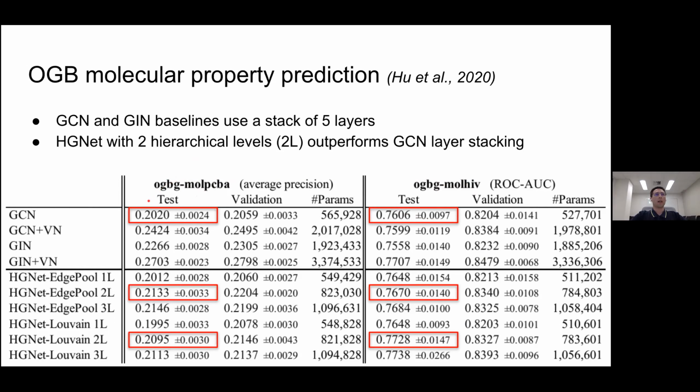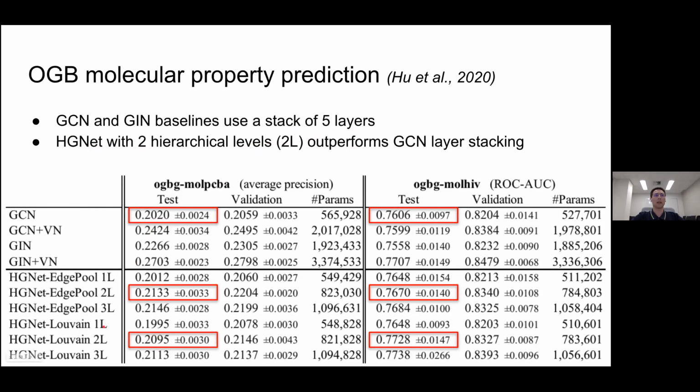And while our hierarchical models don't beat state of the art by any means, they are definitely outperforming the conventional layer stacking. So our HGCN with just 2 hierarchical levels, where we use GCN at each level, actually beats stacking of 5 layers of GCN. So that's here.